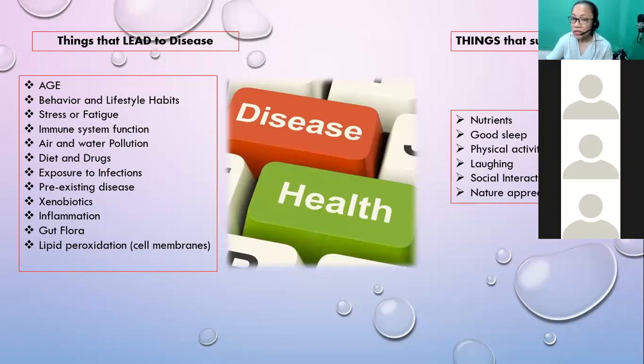Inflammation. Okay, again, in our product presentation, we have discussed that inflammation is a marker of a disease. But inflammation, if it's acute, is a good response. It's a good immune response, kasi it's a short-term inflammation. It means that the body is doing its healing and repair because something is disturbed. And that inflammation occurs only for a short period of time because the healing and restoration is achieved. Kaya acute.